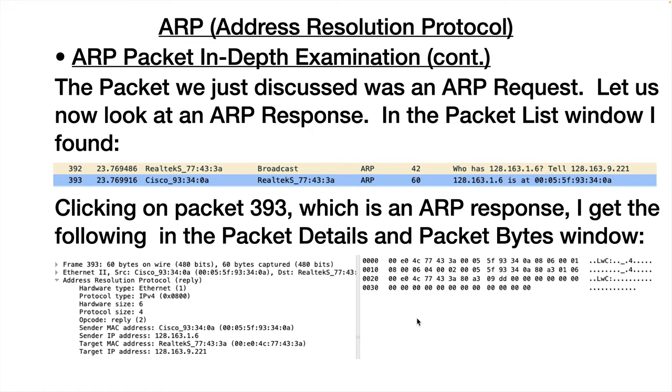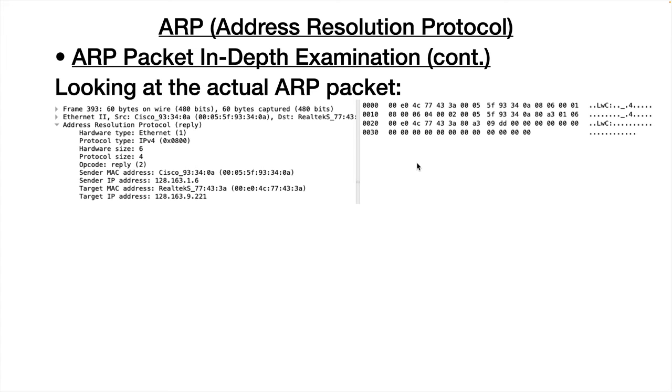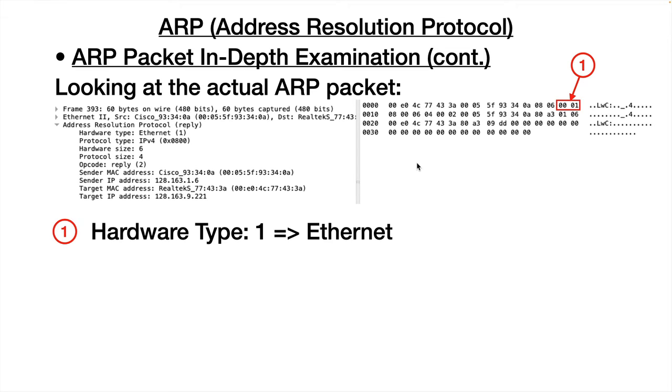If we go look at this in the packet details and the packet byte window, which are side by side, this is what we see. Notice where it says address resolution protocol, we had a request before. This, of course, is the reply. Again, this is an Ethernet transmission, so the hardware type is going to be 1.